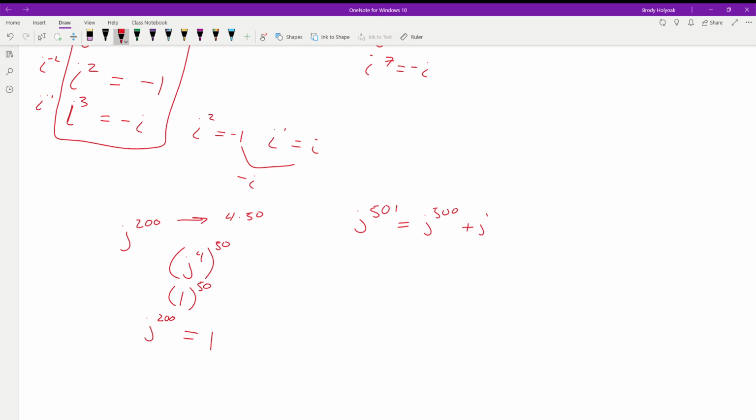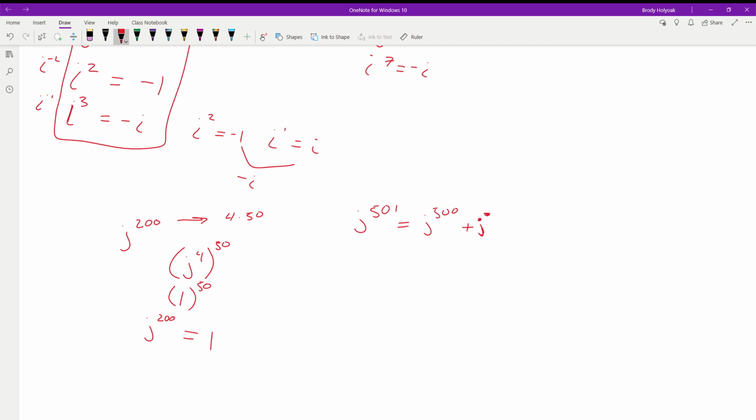What's j to the 1st, or i to the 1st? i. So this goes away and we just have our j or an i. I switch back and forth between what I'm using. I usually try to use j more often, but just know that they're interchangeable.